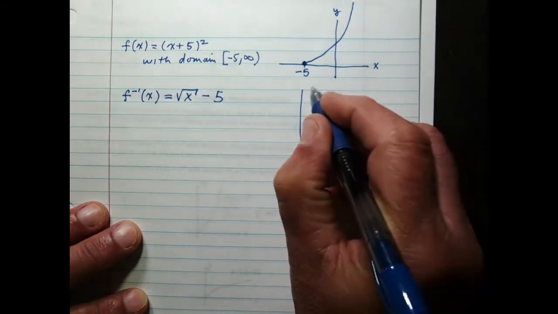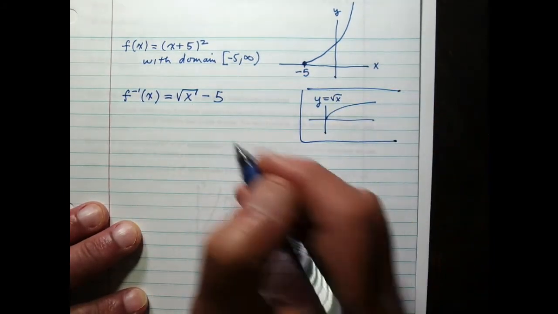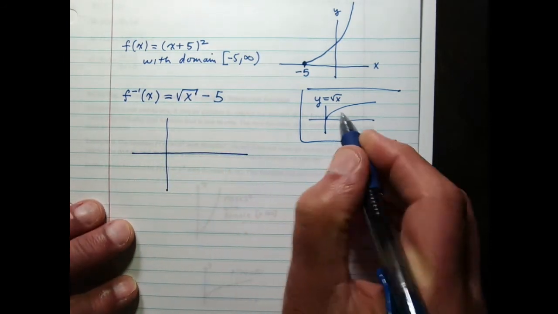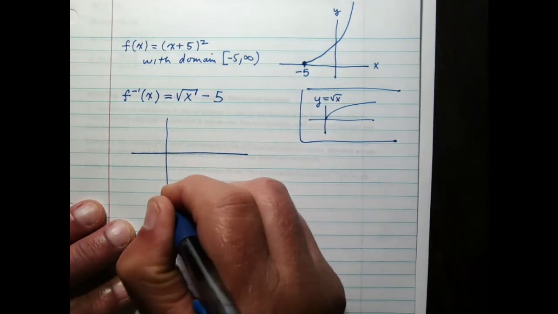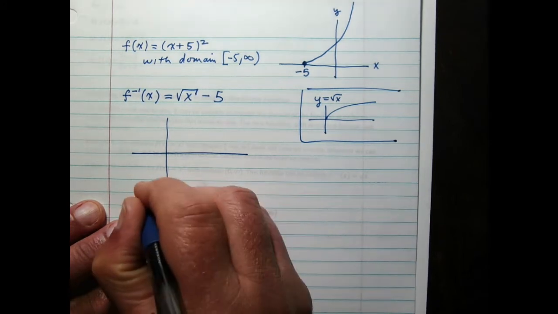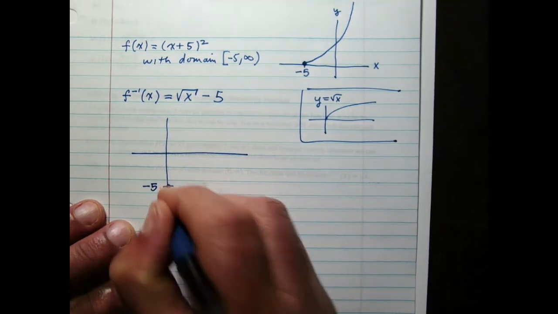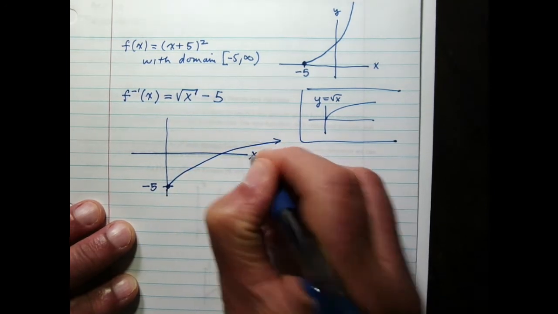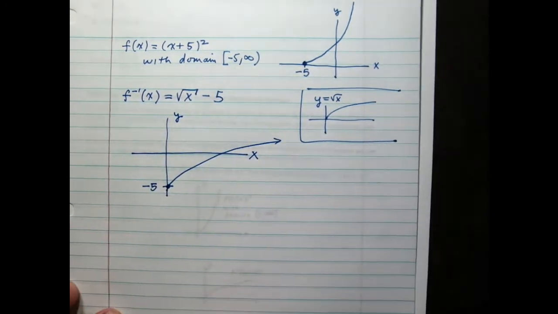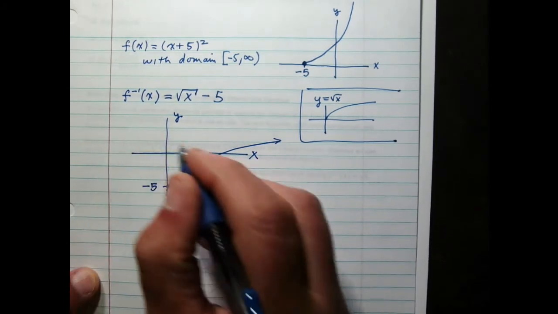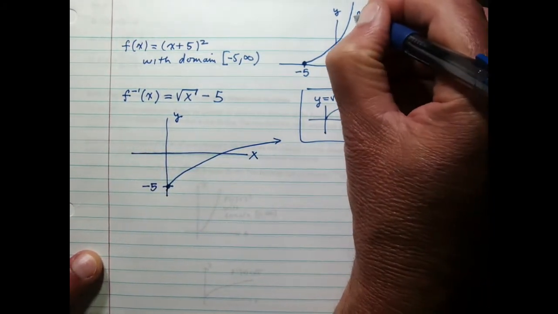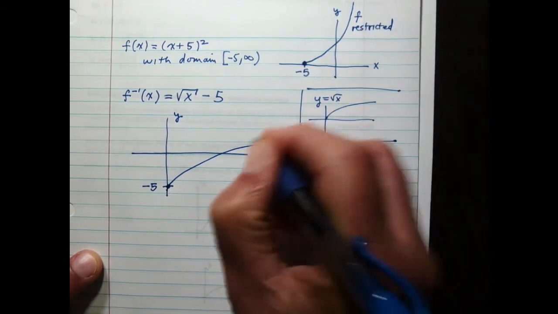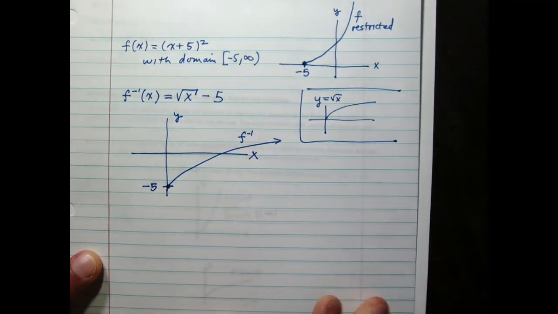So let's leave that off to the side. This function's graph is going to be the square root graph shifted down 5 units. It's actually going to start at -5 on the y-axis, and then it's going to kind of rise up like so. And so this is a graph of f restricted. This is a graph of the f inverse that we got.